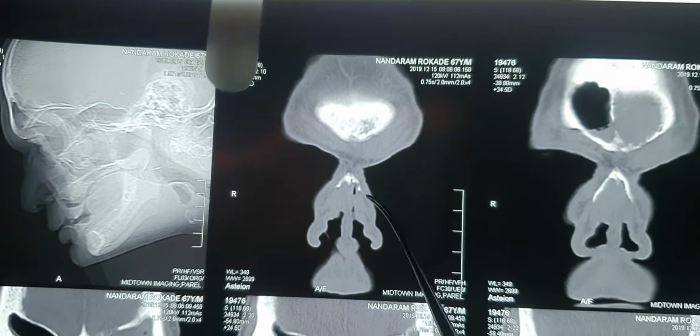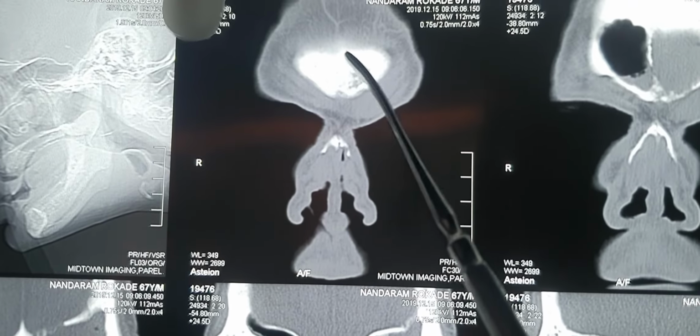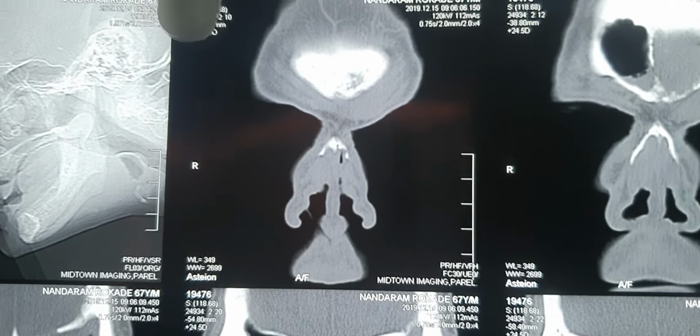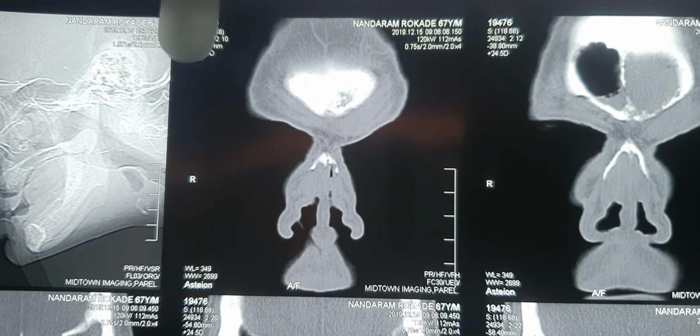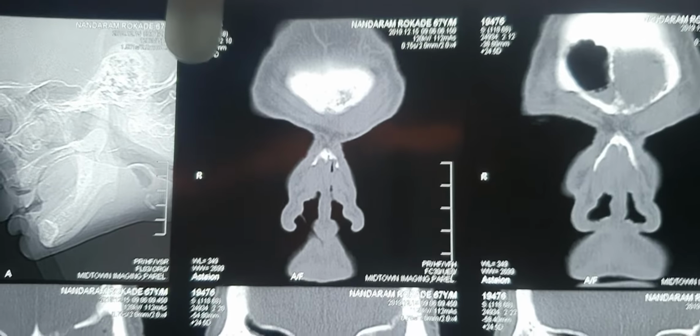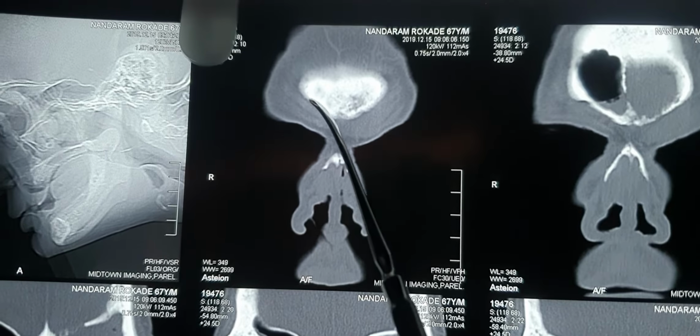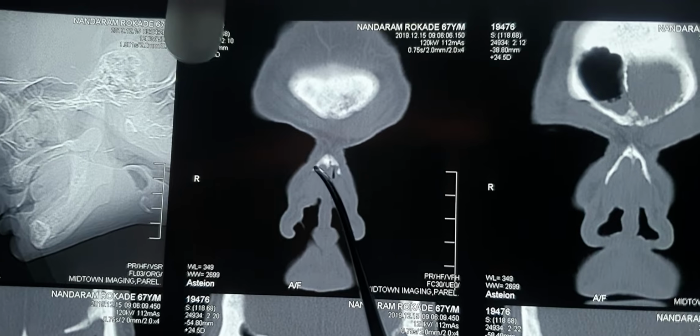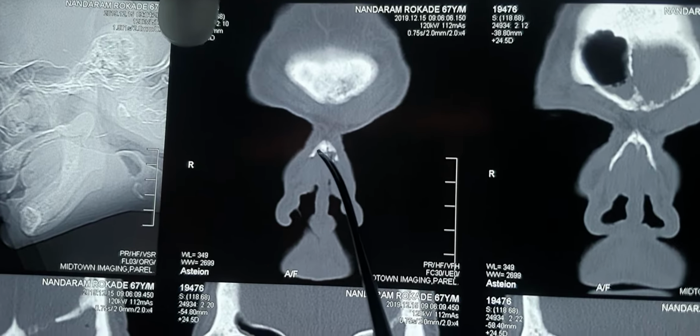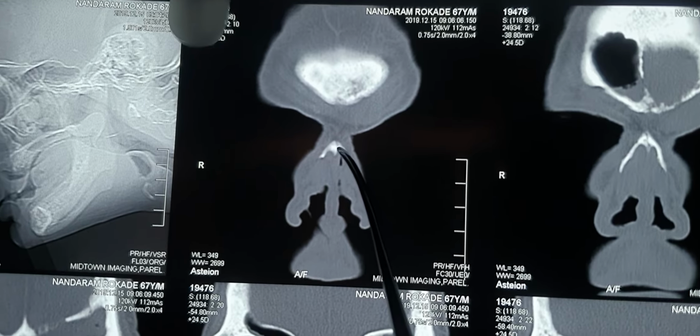And moving on further, as we all know, this is a frontal bone. The white bright structure on CT scan is considered to be bone. So this structure which you see here is a frontal bone, below which you can see two separate nasal bones with the internasal suture.